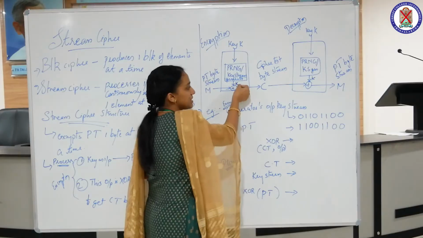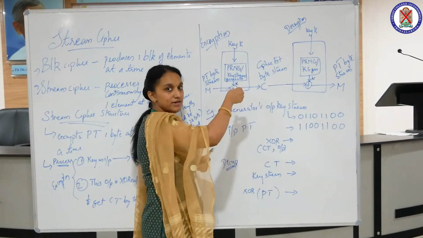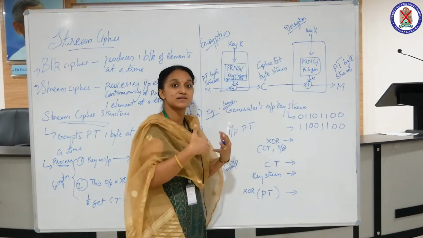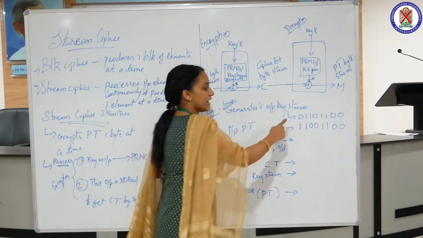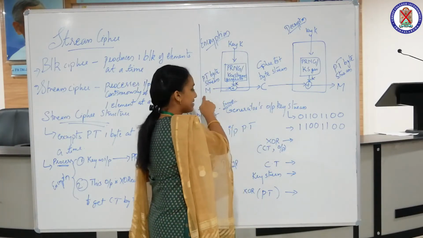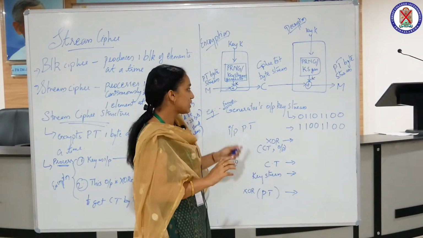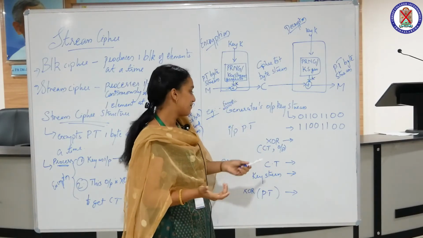The output key stream is this K, not the initial key which we give, but the random form which has been passed through the random number generator. That is the key stream. So you have this key stream, and you have the message, the input plain text. Both are of 8 bits. Now we're going to perform this XOR function to obtain the cipher, which is the output.